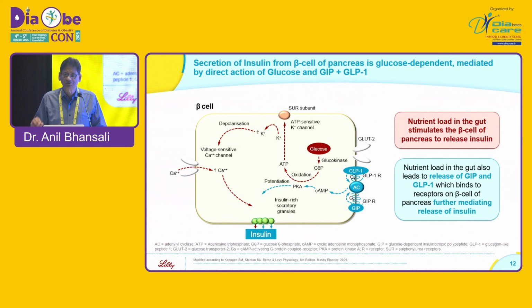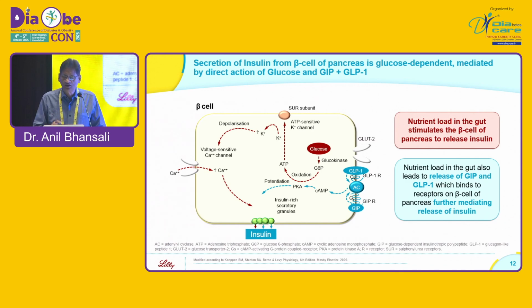Calcium enters the beta cell. This leads to movement of the microtubular microfilament system at the cell surface, and by the process of exocytosis, insulin is released.